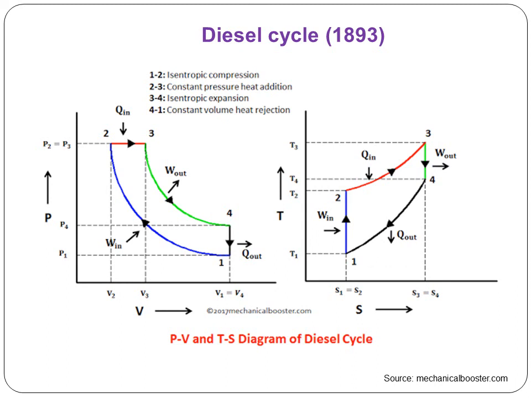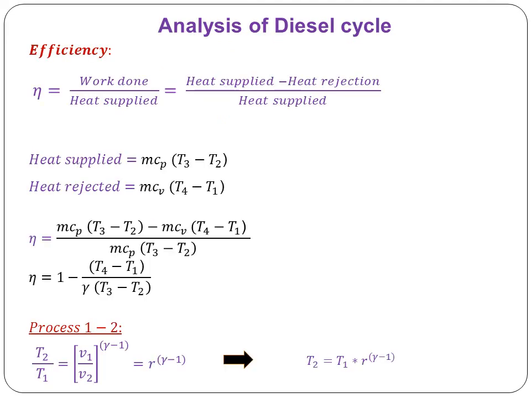So in analysis, again we can go with the same procedure, like we need to calculate the efficiency, which is work done upon heat supplied, and heat supplied in this case is mCp into delta T, because here you have this constant pressure heat addition process.